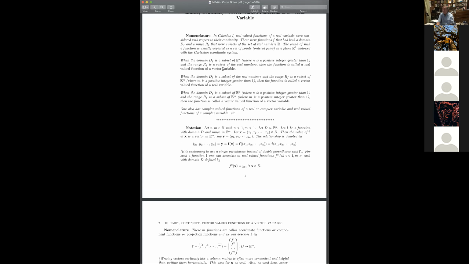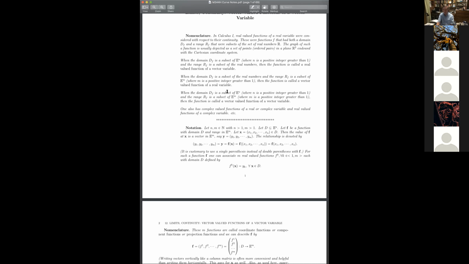For example, the norm of a vector is a number. That's a real valued function. Next little paragraph. When the domain is a subset of real numbers and the range is a subset of m dimensions, it's called a vector valued function of a real variable. So I think you get the point.